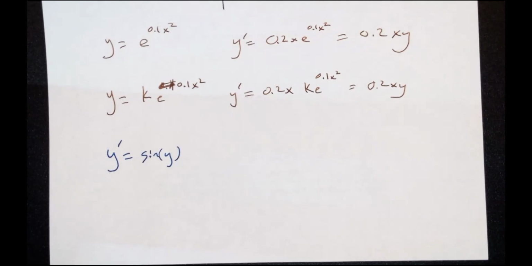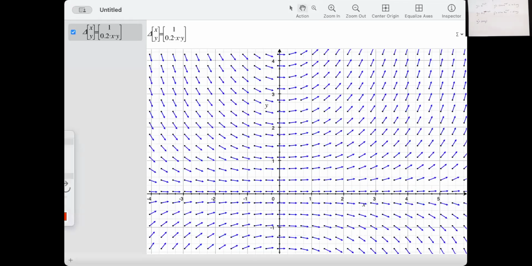Now, this particular one is a little different, because here, there's no x in the problem. None whatsoever. That doesn't change anything. I can still do exactly the same thing we just did. Let's go back to the grapher. And I'll change our equation here.